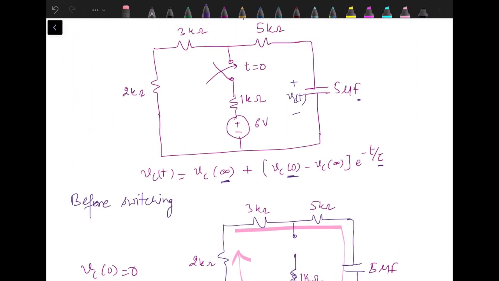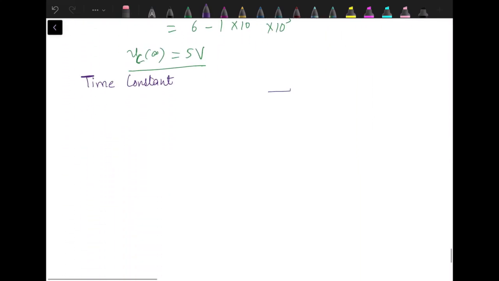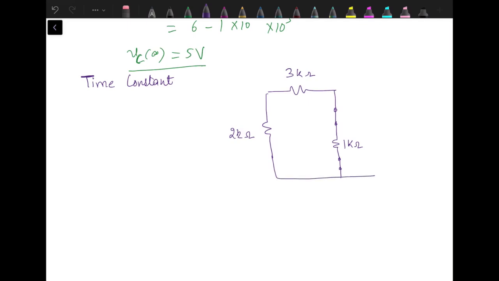After switching, the voltage source has to be replaced by a short circuit. 3 kilo ohm resistance, 2 kilo ohm, switch is short circuit, then 1 kilo ohm, voltage source is to be replaced by short circuit, 5 kilo ohm, and these are the capacitor terminals from where we have to find R equivalent.